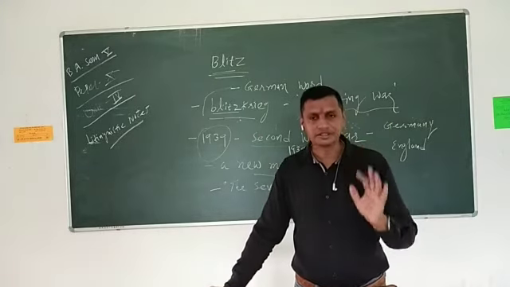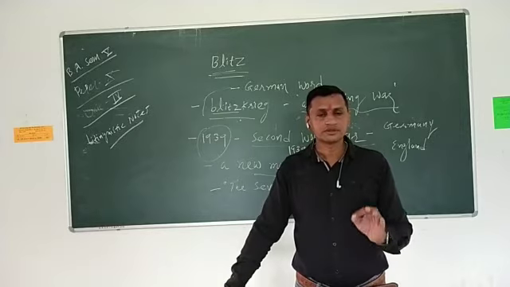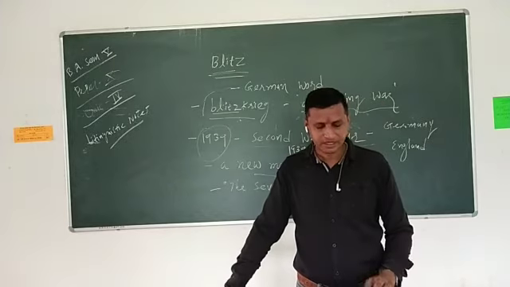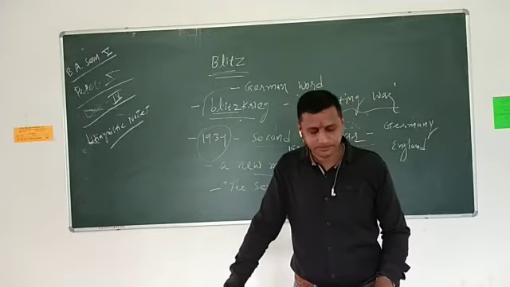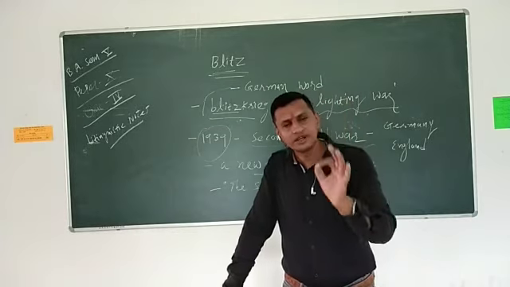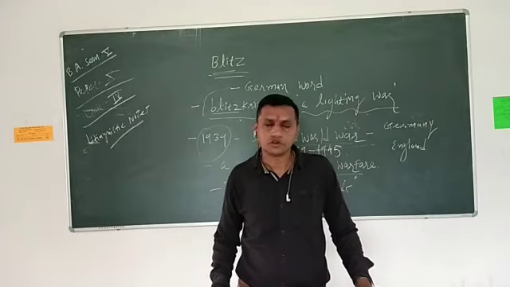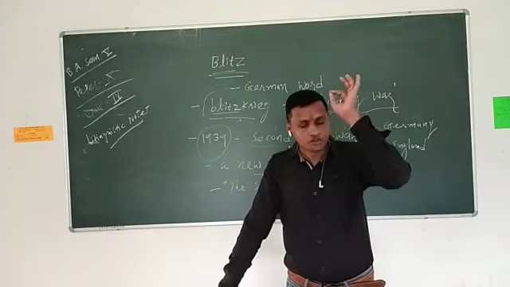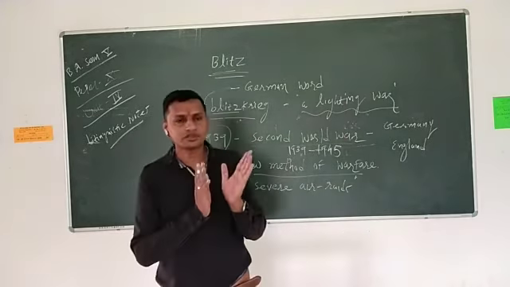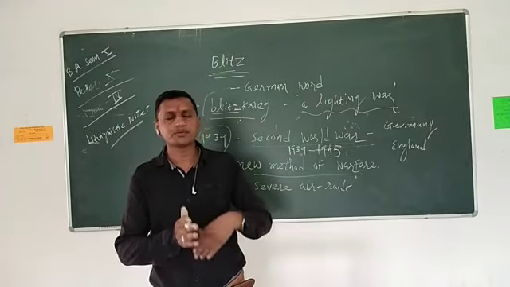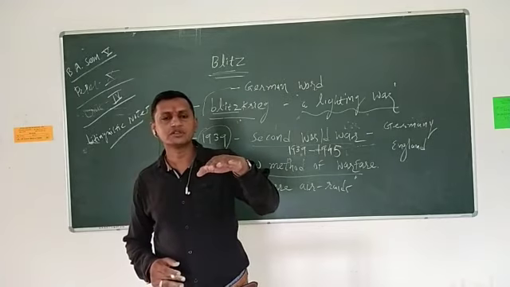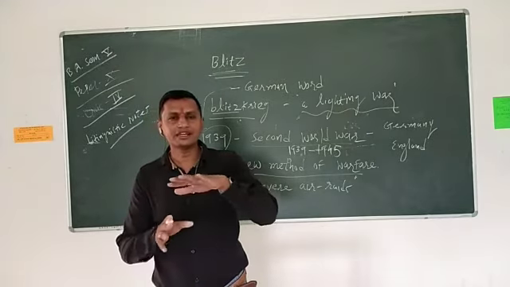Blitz is a strategy associated with a series of quick and decisive short battles to deliver a knockout blow to an enemy state. Here, friends, after 2 or 3 days, once again they make their attack suddenly. They enter the area of the opposite country, make the attack, and return.